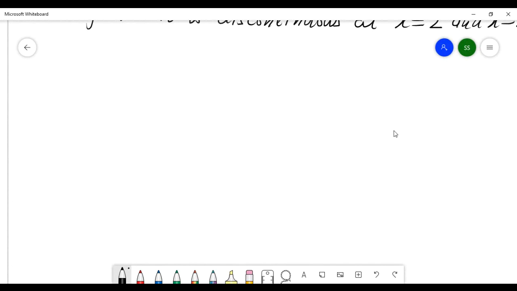This means the limit as x goes to plus or minus infinity.